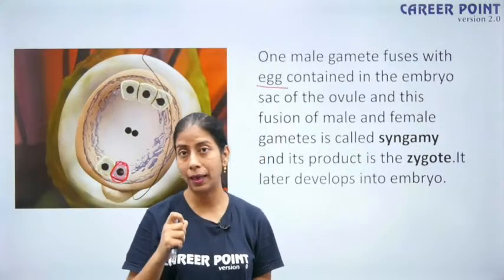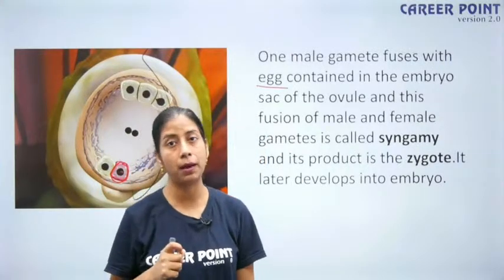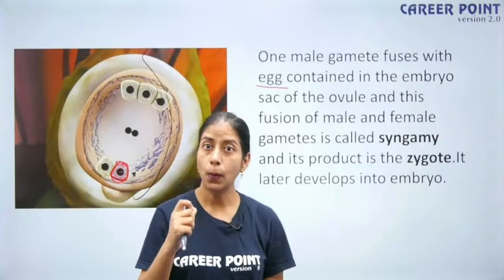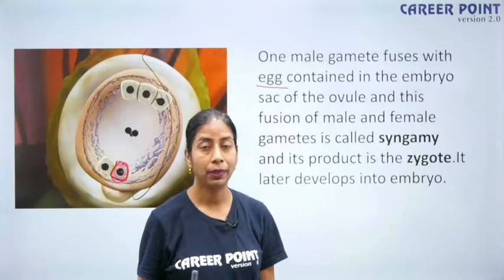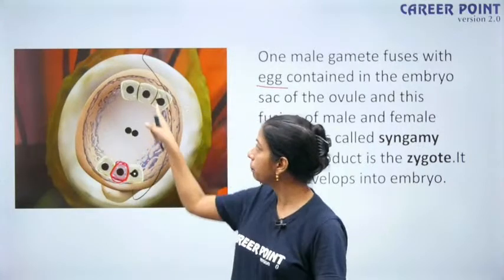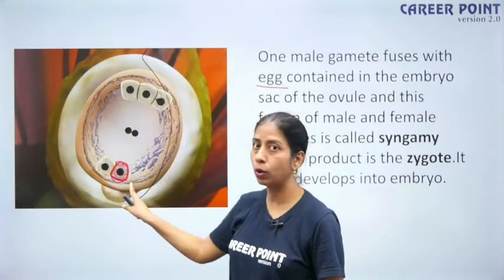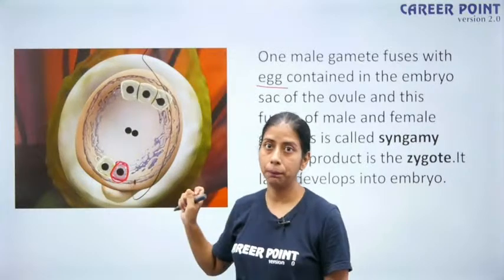ये ध्यान रखिए, मैंने जब पोलन ग्रेन्स बताया था तब भी ये बताया था. Each pollen grain has 2 male gametes, और वो 2 male gametes पोलन ट्यूब से reach होके ओव्यूल के पास आ गए.